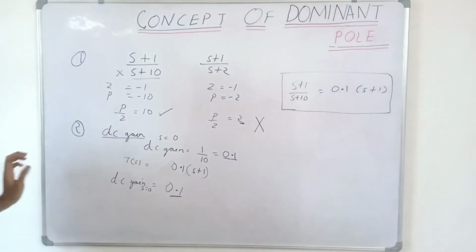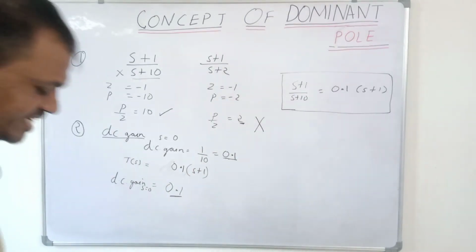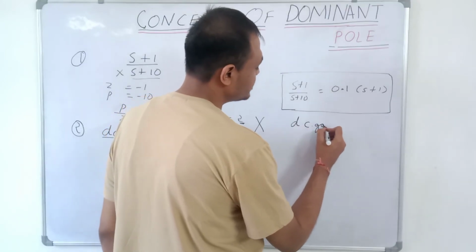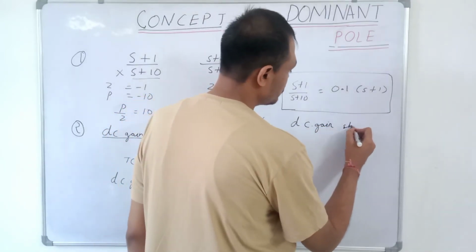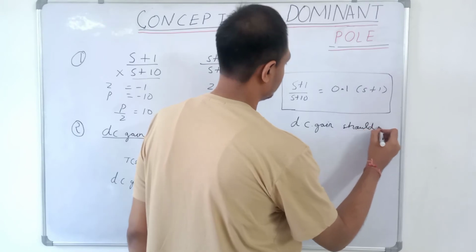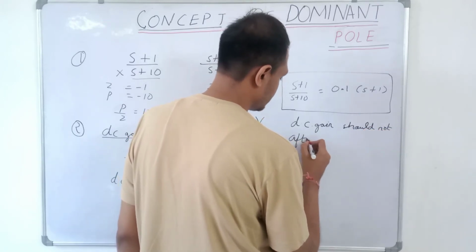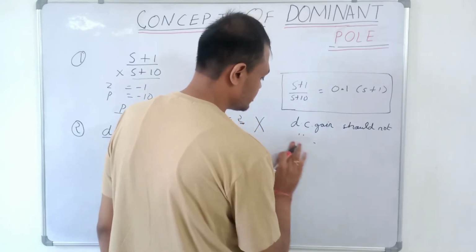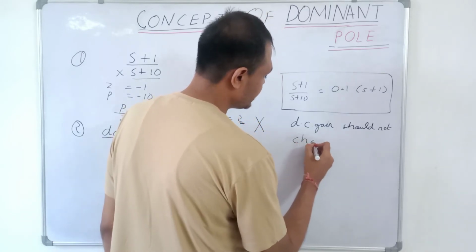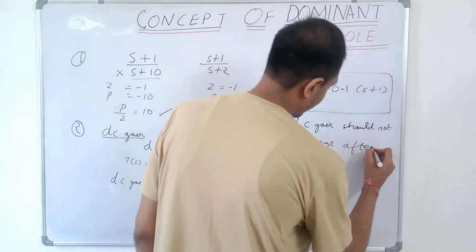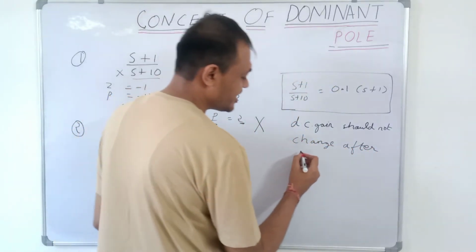So this is the thing, that DC gain should not change on dominant pole compensation. You can write this point: DC gain should not change after dominant pole compensation, after we apply the concept of dominant pole.